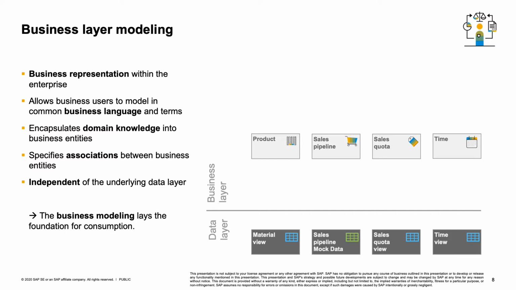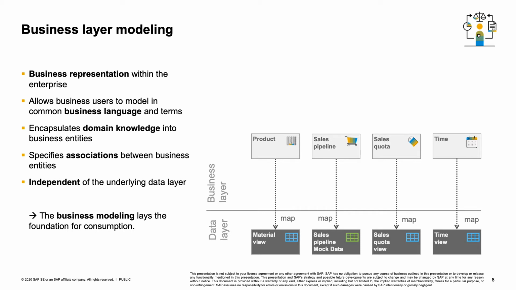In the simplest case, the business user will define a business model, a business entity, of course, not in the same manner as you would do in the data layer, where you define all your data flows and all the ETL flows. But in the simplest case, it would look like a simple structure containing some fields and some measures. And those entities are then mapped against the data layer entities.